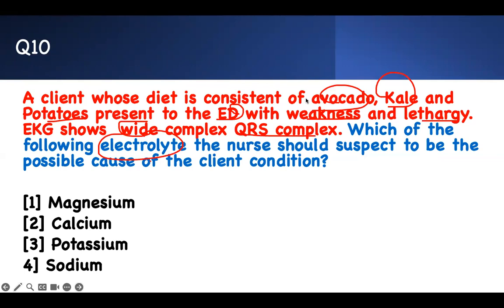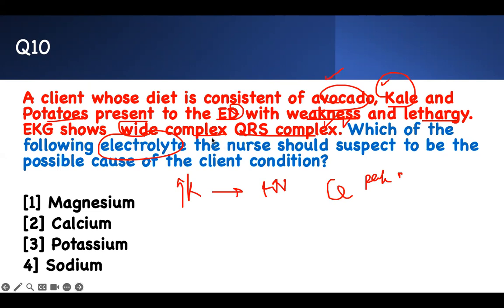What happened? A client eating avocado, kale, and potato went to the emergency room because of weakness, lethargy, and an EKG showing wide complex QRS. What do you think? Avocado, kale, and potato are high in potassium. That is why the patient is weak and lethargic. When your potassium is really, really high, you see not just the peaked T wave, which is the beginning.